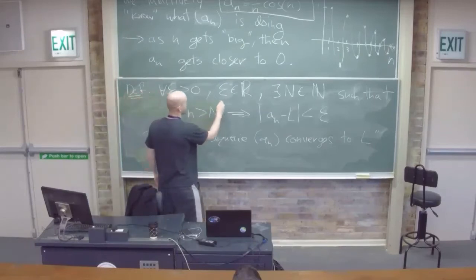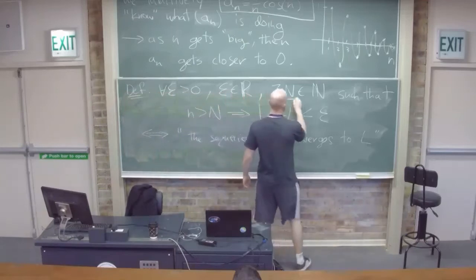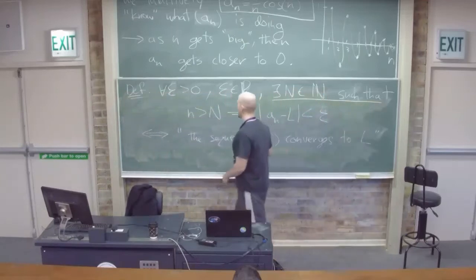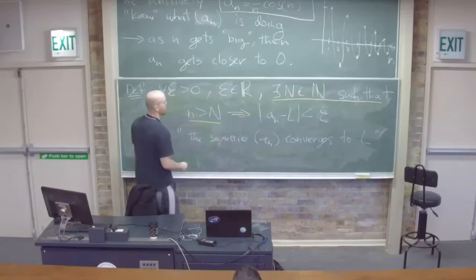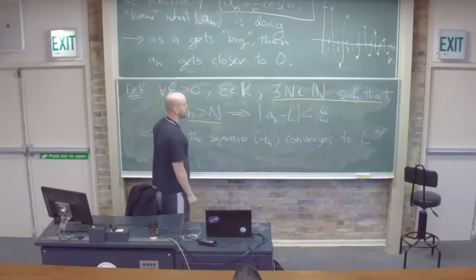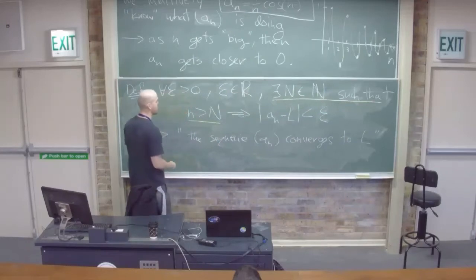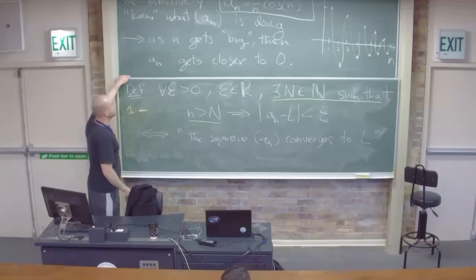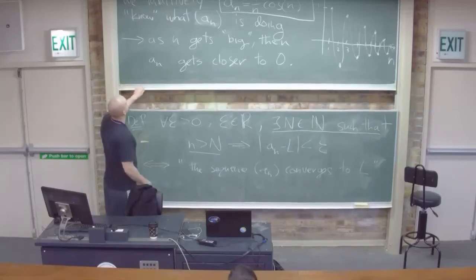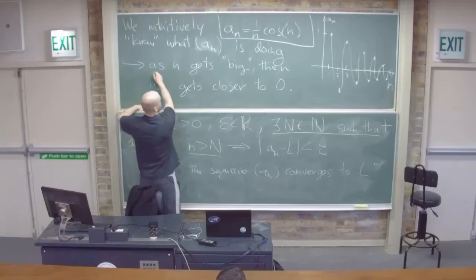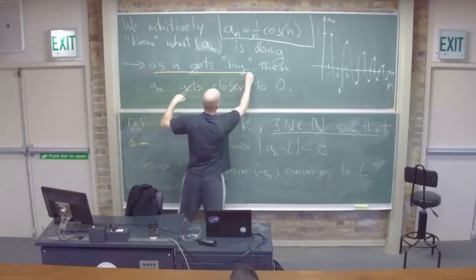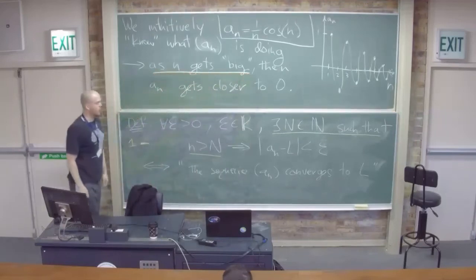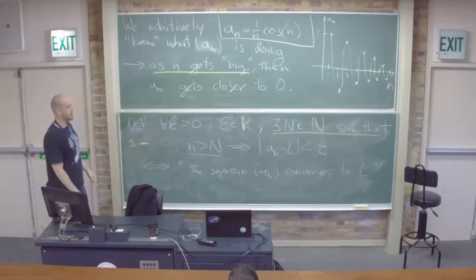This whole bit here: there exists an N such that n greater than N. This part, which I can call part 1, is like a single line. That matches up to the idea that we're just saying as n gets big. The whole purpose of that is just to describe this idea as n gets big.